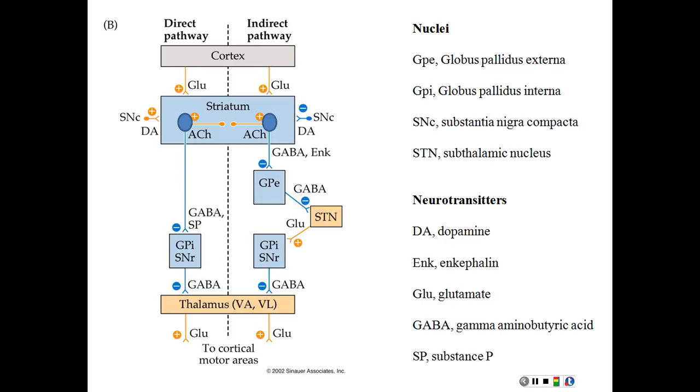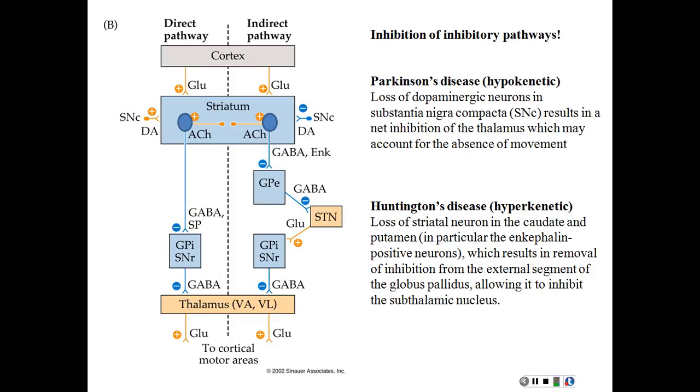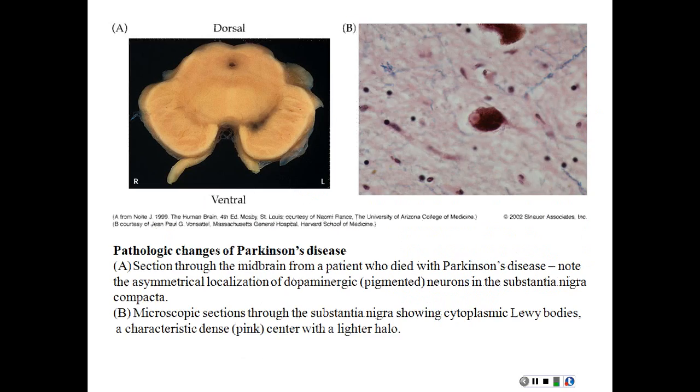And so that's why you have these two very different presentations, a hypokinetic disorder and a hyperkinetic disorder. And you actually have this idea of this very complicated system with lots of inhibition going on there. So do you have too much inhibition or too little inhibition? And it ties in nicely with those two diseases.